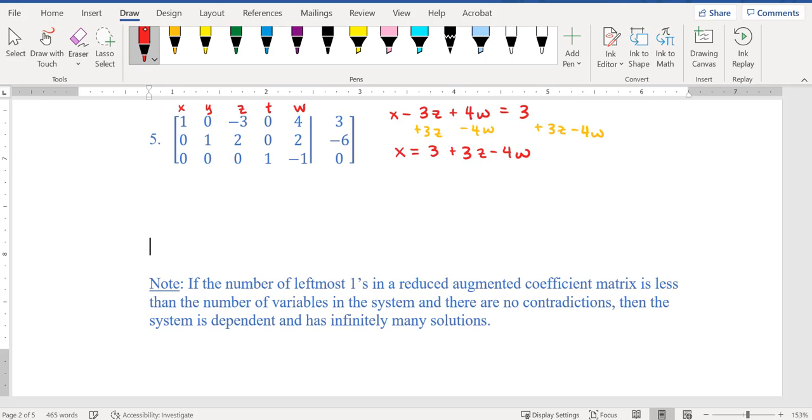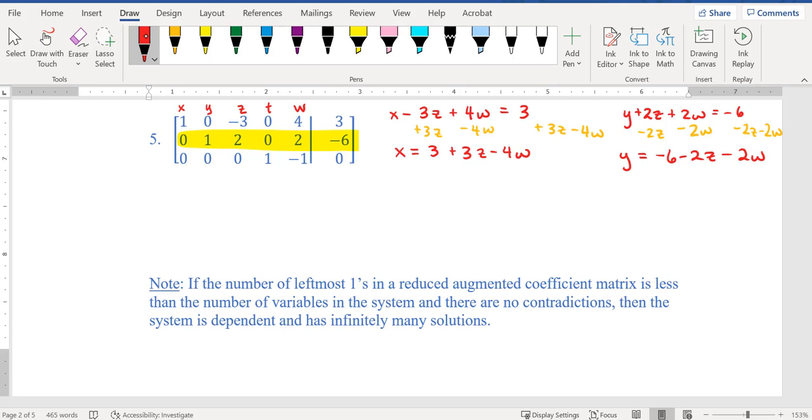Okay, row number 2. Row number 2 tells me that y plus 2z plus 2w equals negative 6. So subtracting 2z and 2w from both sides will leave me with y equals negative 6 minus 2z minus 2w.